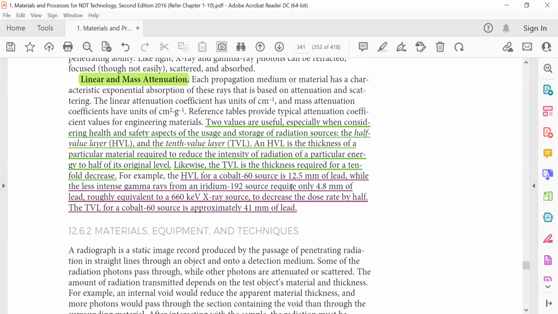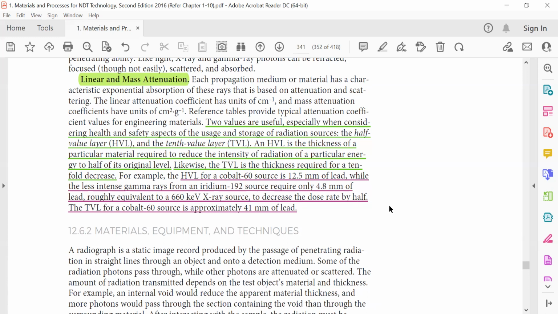The HVL of a cobalt-60 source is 12.5 mm of lead, while the less intense gamma rays from an iridium-192 source require only 4.8 mm of lead, roughly equivalent to a 660 keV X-ray source.